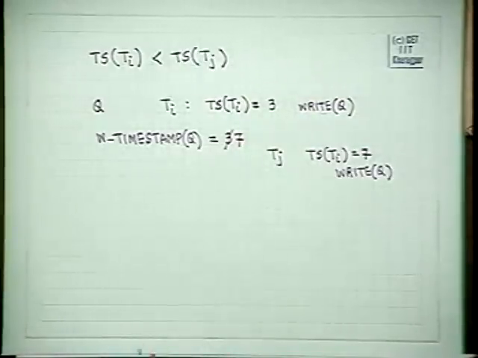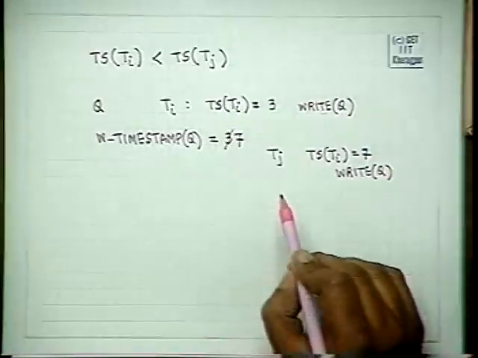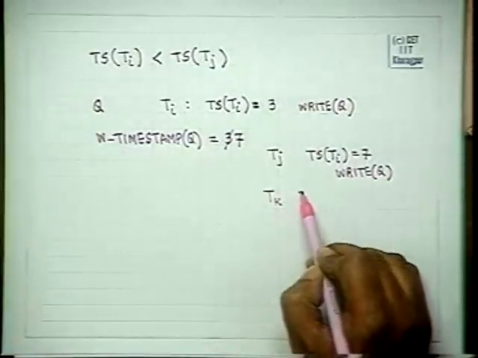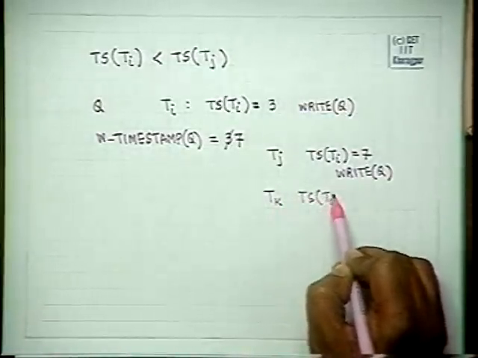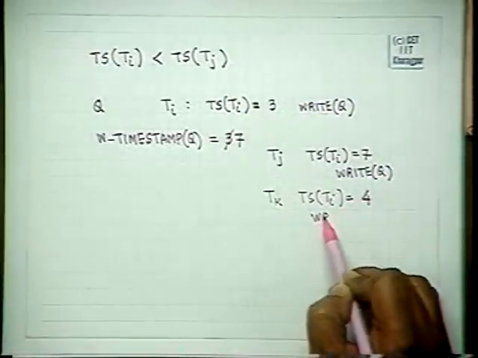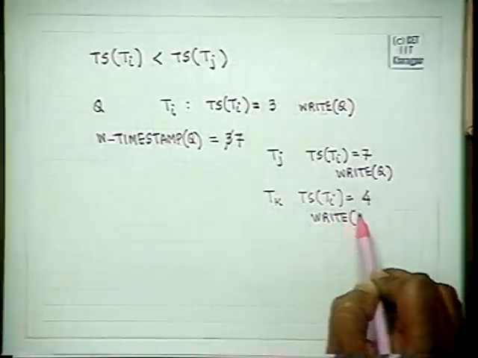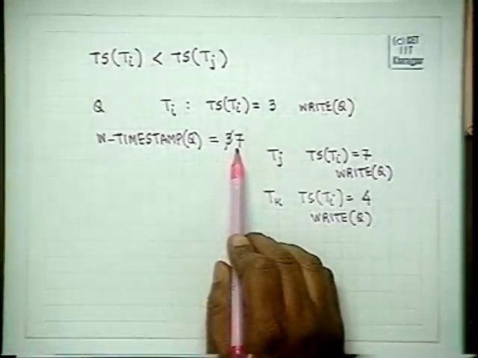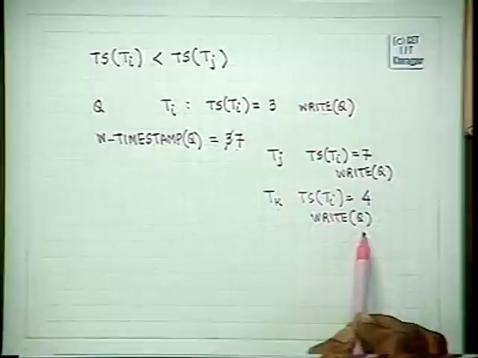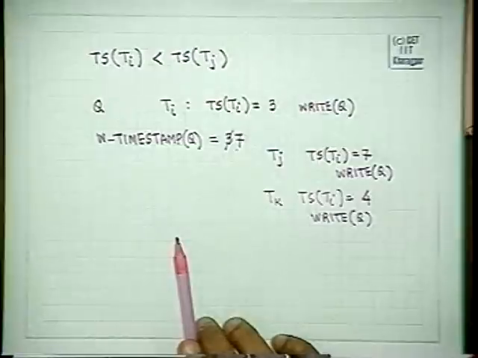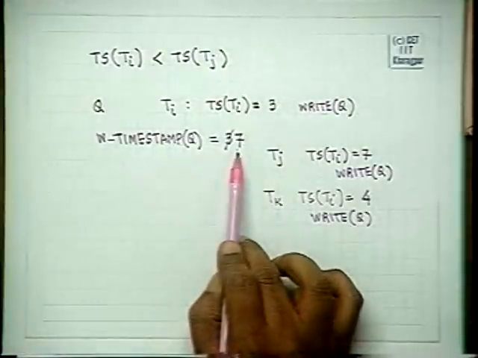By definition, if another transaction Tk whose TS(Tk) value is equal to 4 executes write(Q), then W-timestamp(Q) will remain 7. Now whether we will allow this writing to be done or not is something which we will see later on, but the W-timestamp will remain 7.